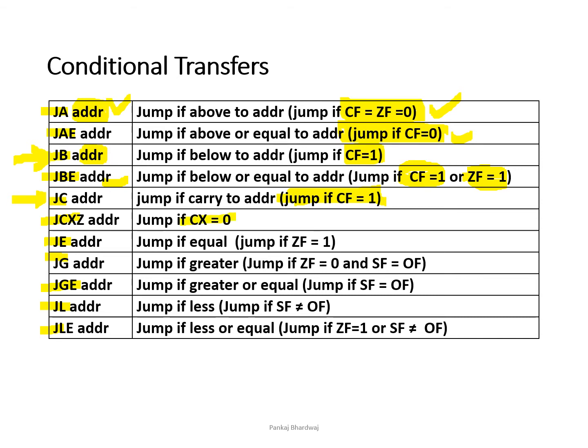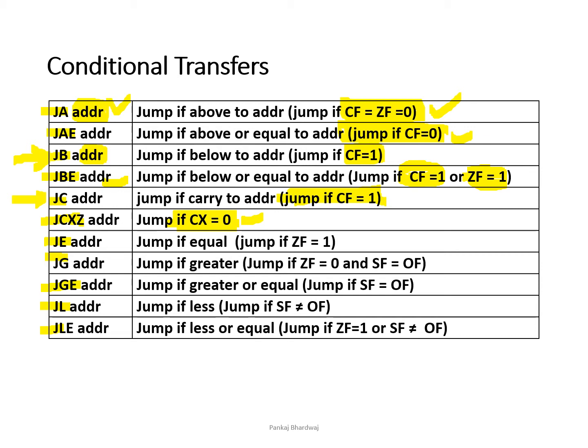J is for jump, CX is the content in CX, and Z is for zero. So jump if CX is 0. If we assume a counter in the CX register, a 16-bit counter, then if the content of CX is 0, only then it can jump to this address by using the JCXZ command.